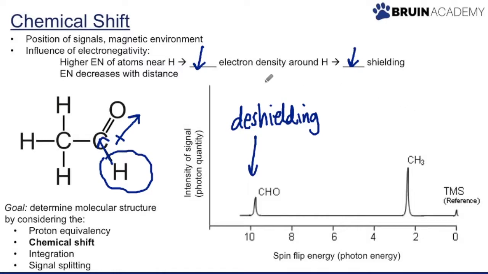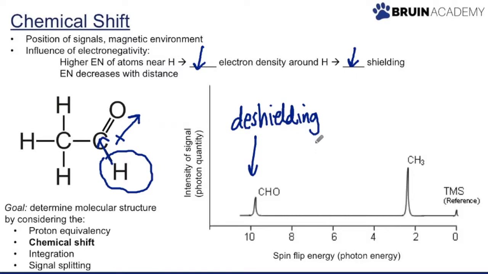And so the reason for this is, if you can just imagine, if you have a molecule or an atom that's very deshielded, not as much protection, if you apply this external magnetic field to it, it's going to cause a much greater effect on the hydrogen nucleus than if it were to be more protected by the electrons around it.